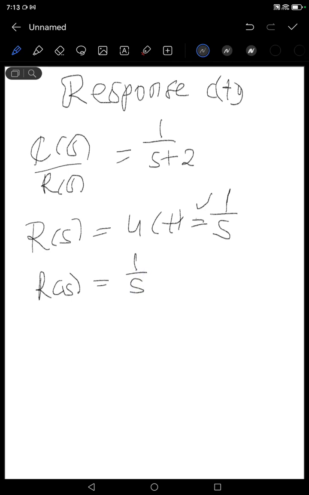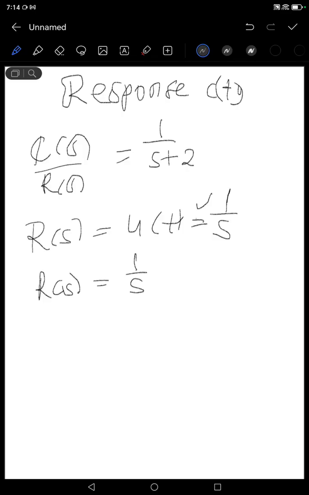So what we're going to do here, we're going to substitute wherever there's R(s) with 1 over s. Remember, we are looking for c(t), which is the linear differential equation.